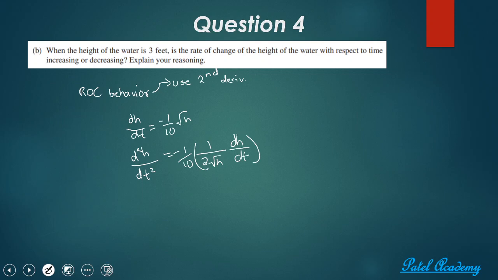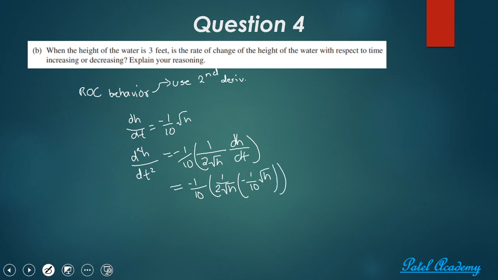Because once again, we're taking the derivative with respect to time. But we can again substitute dh by dt, so we get negative 1/10 times 1/2 root h times negative 1/10 root h.